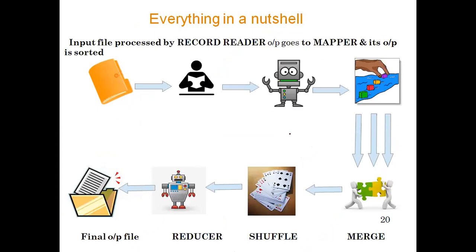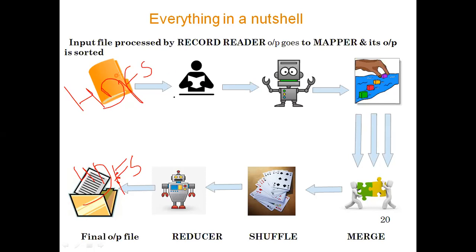So this is the complete structure of our MapReduce of Hadoop. Here we have the input file. Remember, this input file is in HDFS format, and the output file is also HDFS.